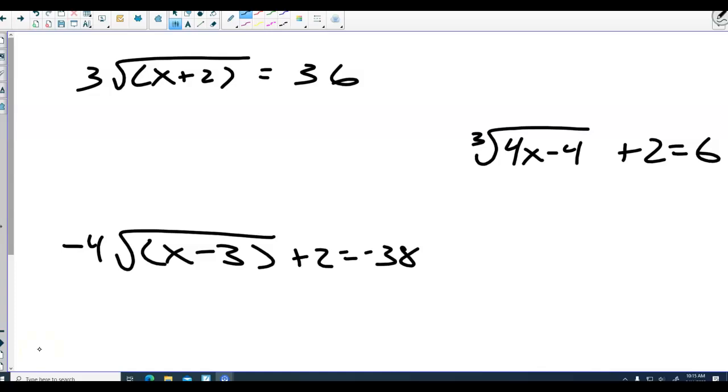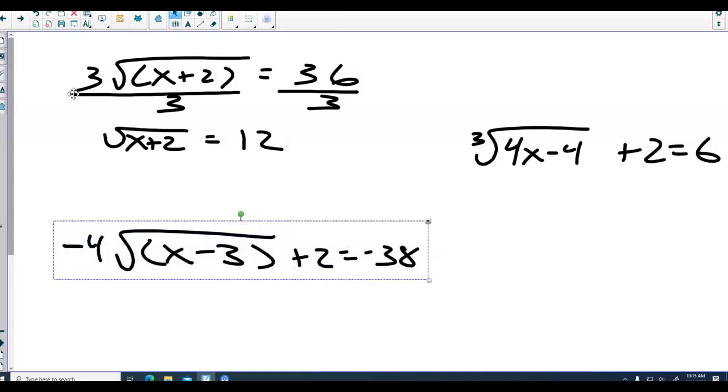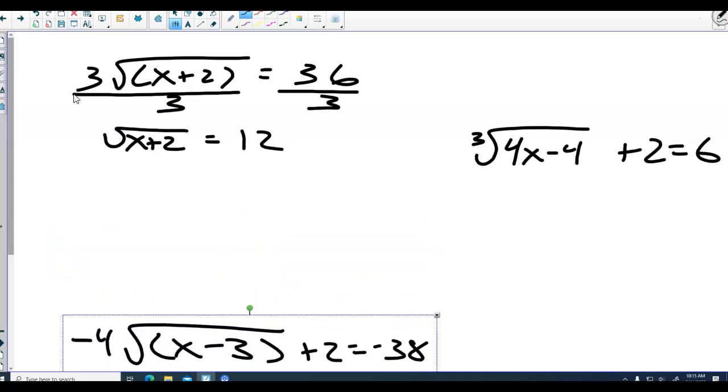We're going to isolate the radical. So I divide both sides by 3, and I get the square root of x plus 2 equals 12. Now, to get rid of a radical, we square it.